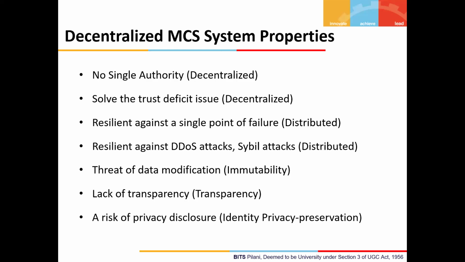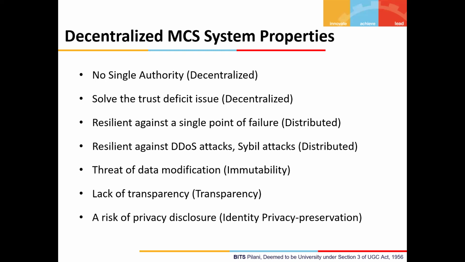DDoS attack and Sybil attack are handled at the network level. This is very important to understand that these attacks are prevented at the network level, at the blockchain level, right? But Sybil attack is also possible at the application level that we have already discussed, right?